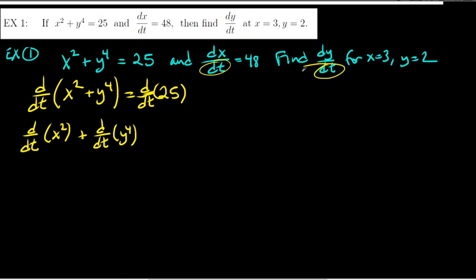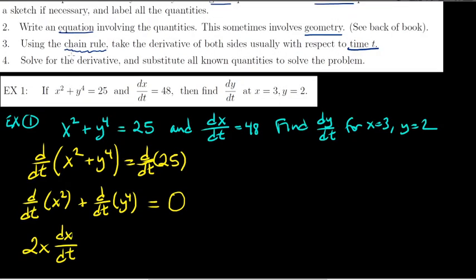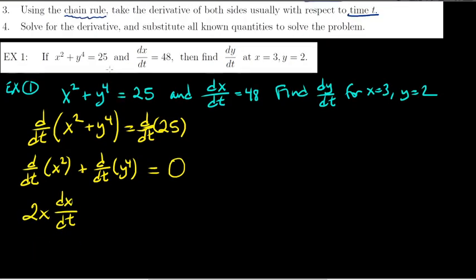And then on the right side, the derivative of 25 is 0. So the derivative of x squared is not 2x. It's going to be 2x times the derivative of x. Again, that's the chain rule.